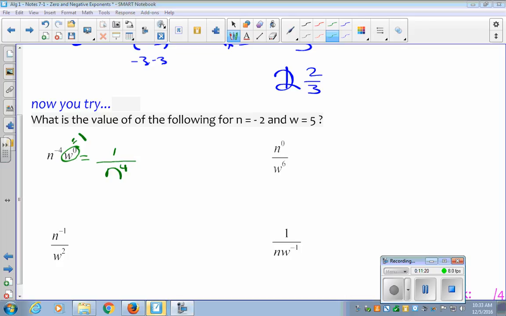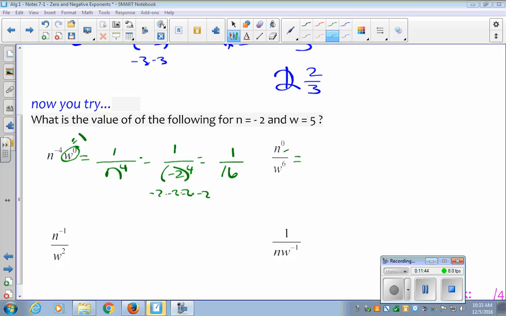N to the 4 on the bottom. So we know n is equal to negative 2. So negative 2 times negative 2 times negative 2 times negative 2. 1 over 16.